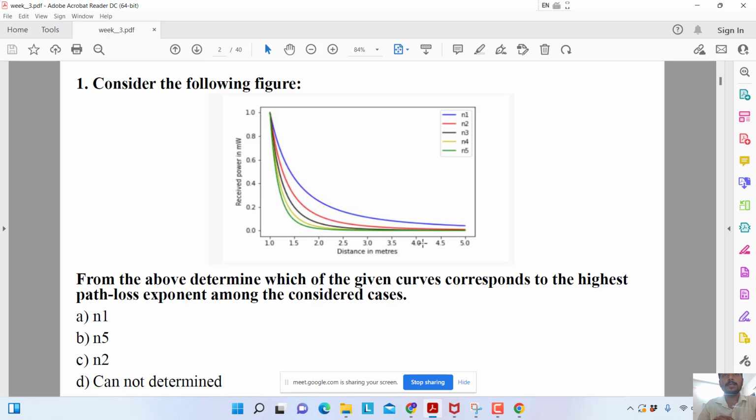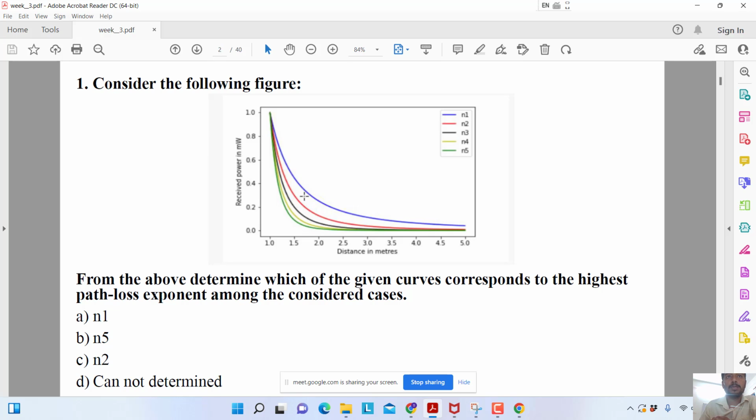On the x-axis we have plotted the distance in meters, and on the y-axis we have the received power. We have to tell which curve has the highest path loss exponent. Okay, now we will see the solution.